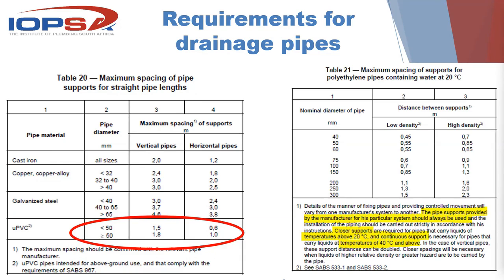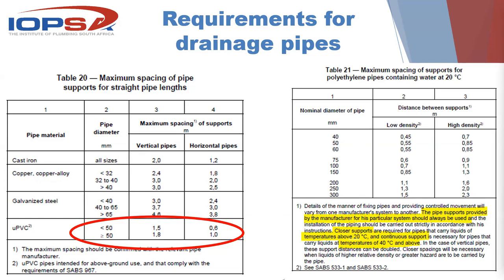The top row there is up to and including 50 millimeter in diameter. So that's 40 and 50 mil waste pipes. And if you're installing vertical pipes, you'll need a bracket every 1.5 meters. If you're installing them horizontally, that reduces to 600 millimeters.